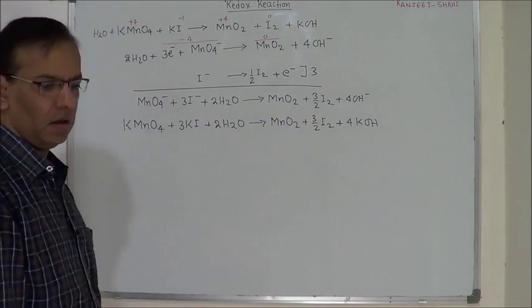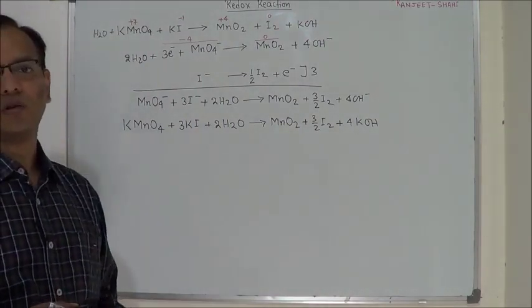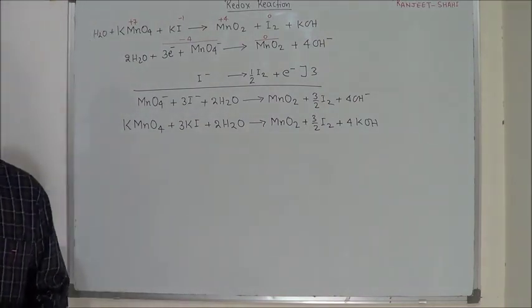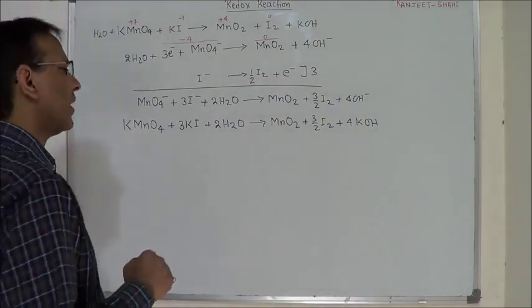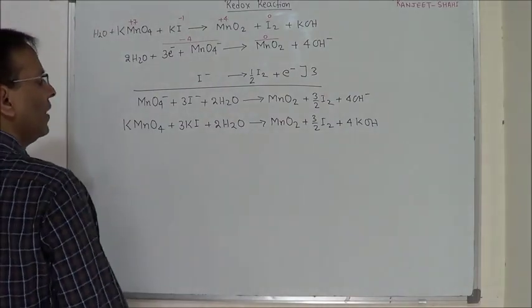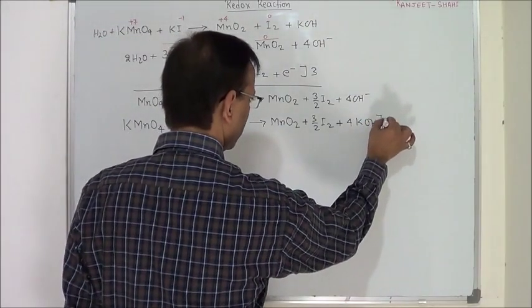Usually the question is asked to balance the redox reaction with smallest whole number coefficient. So if some fraction comes in the reaction, that is eliminated by multiplying with the smallest constant factor.